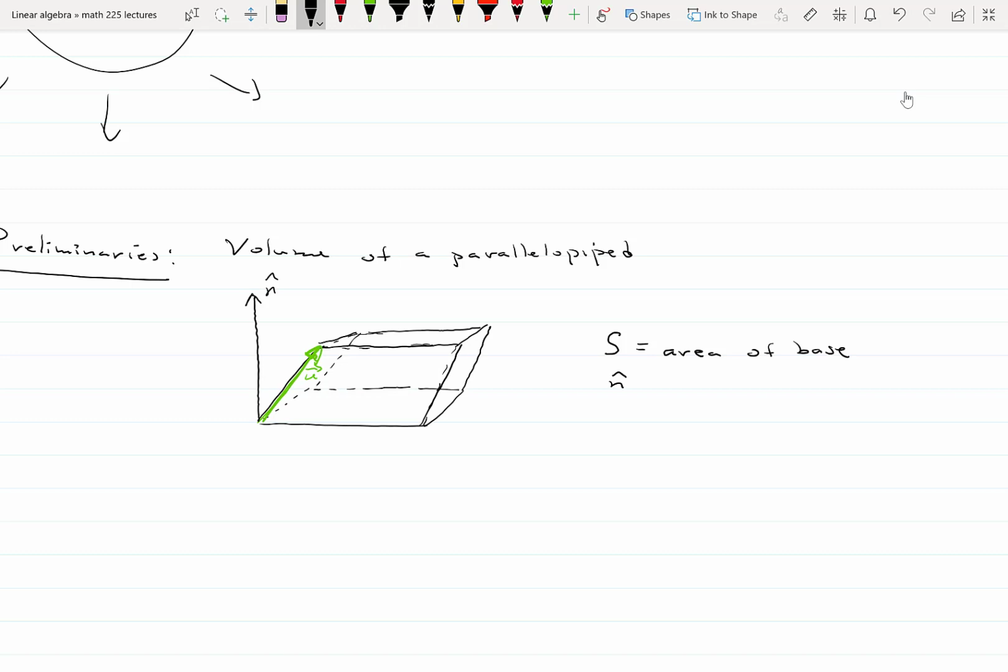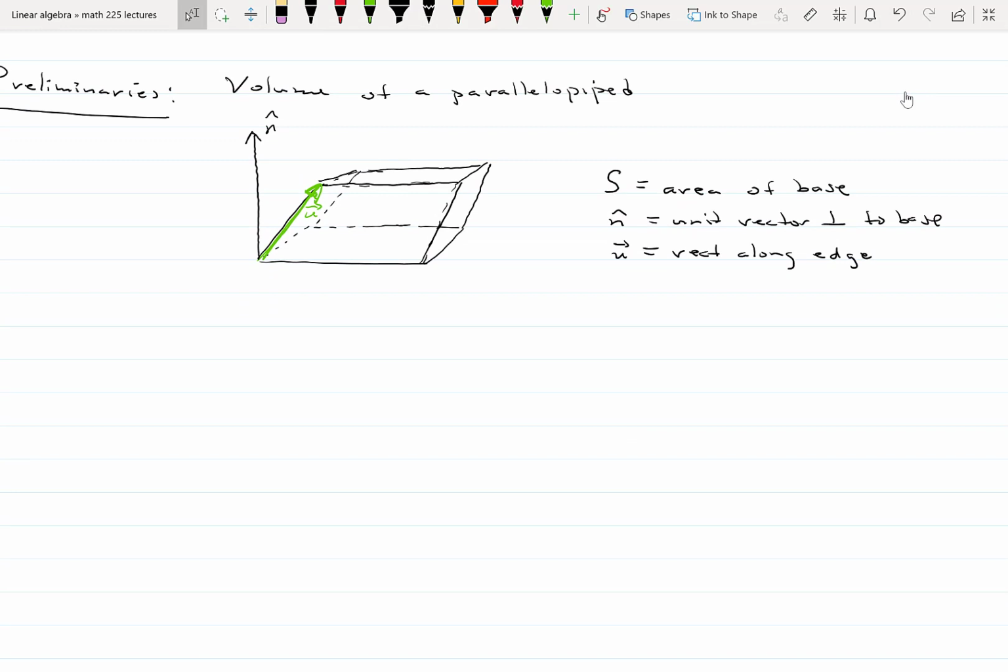Let's say n is a unit vector normal to the base, or perpendicular to the base. And let's say u is a vector along the edge.